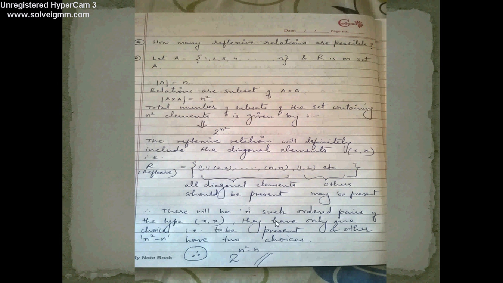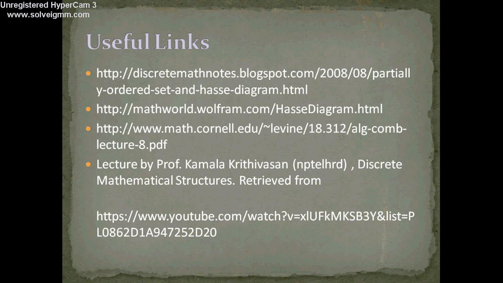The remaining have two choices. How many remaining elements are present? n squared minus n. Therefore we have a total of 2 to the power n squared minus n reflexive relations. Okay, so here we conclude our discussion.